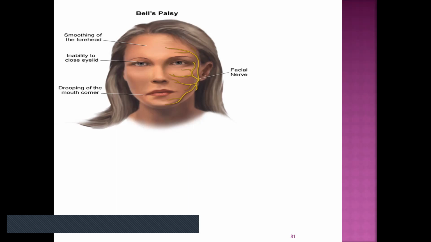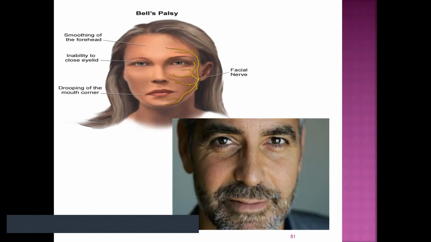And then the corner of the mouth droops, the face is basically falling. Even if the patient tries to practice the muscles of the face, there is difficulty because you have a problem in your cranial nerves.